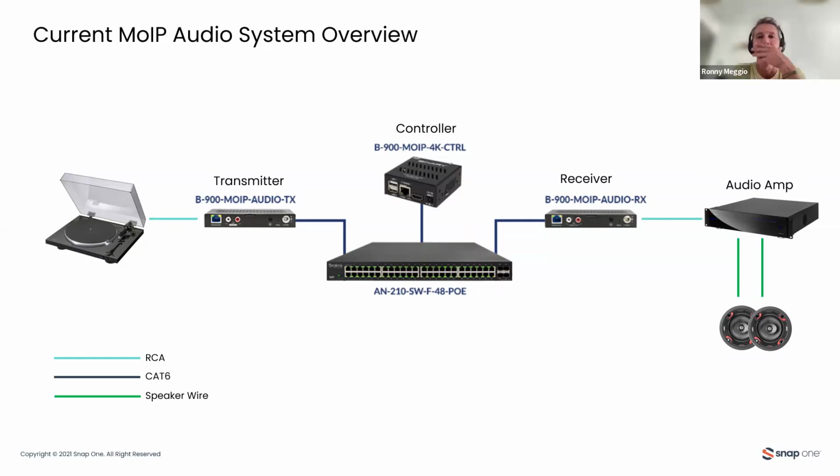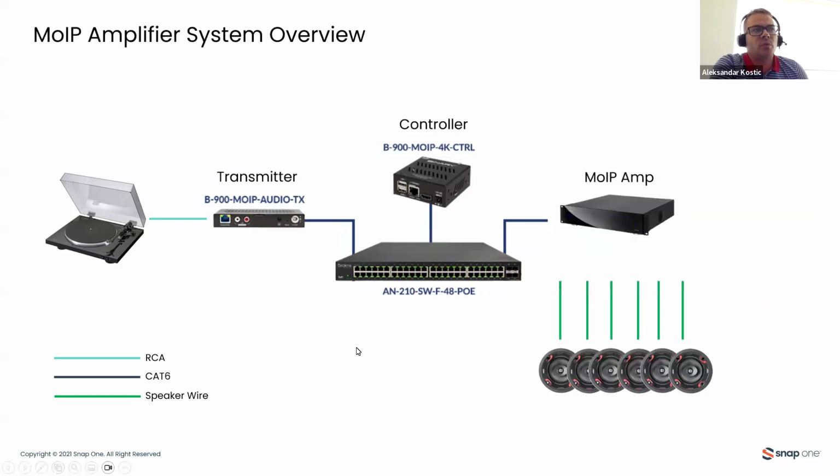So this is an example of the traditional audio distribution using a MOIP audio receiver and transmitter. As you can see, on the audio source side we have one transmitter and the MOIP controller on the main switch, and on the receiver side we have a MOIP audio receiver connected to the traditional amp. With a MOIP amp, we do not need a receiver anymore because the receiver is already inside the amp.